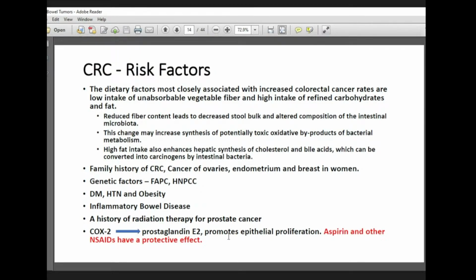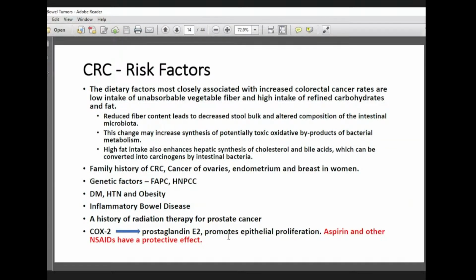So how does it affect? Because of the reduced fiber content in your diet, there is a decrease in stool bulk formation. When the stool bulk is not there, it will also alter the composition of the intestinal microbiota. So one thing, they will alter the normal microbiota of the colon, the GIT microbiota.